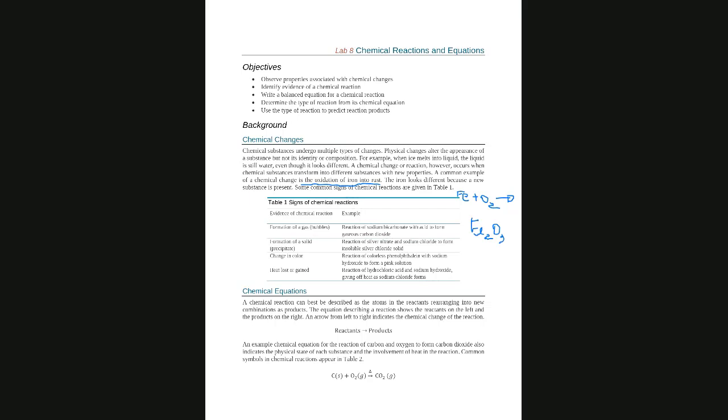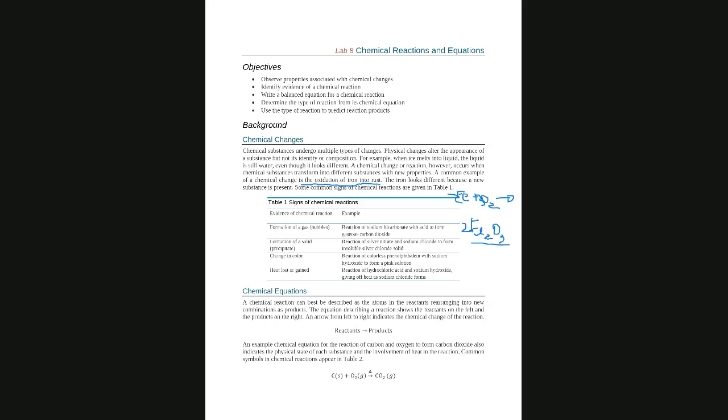We need to balance the equation, but that will come later. So they give us an example here of a chemical reaction: the oxidation of iron into rust.